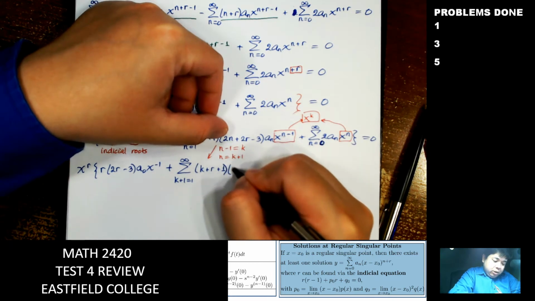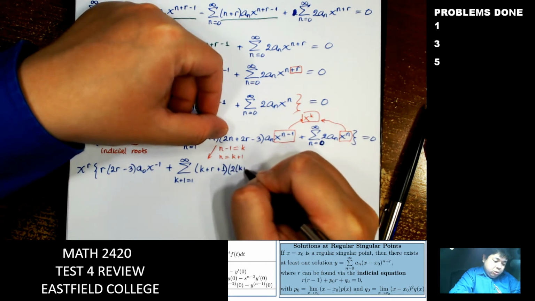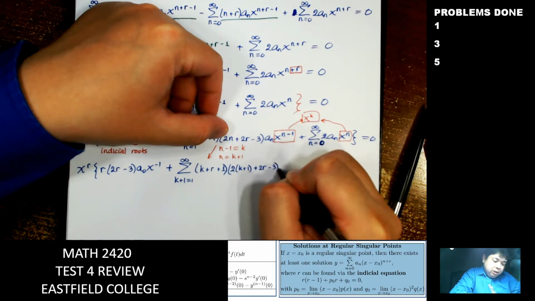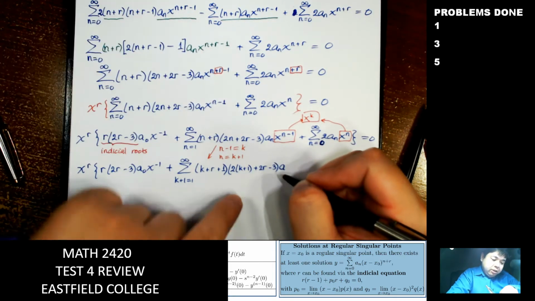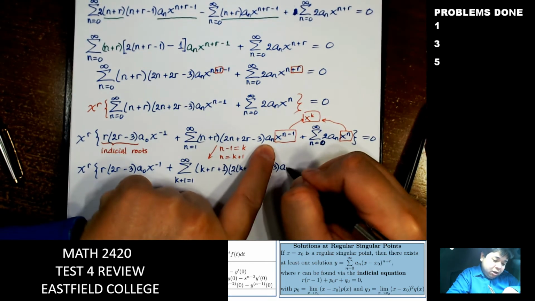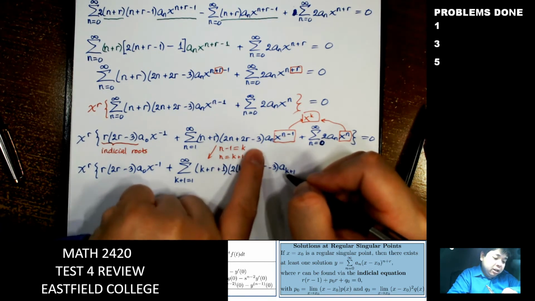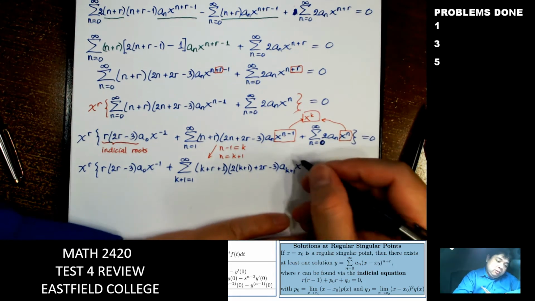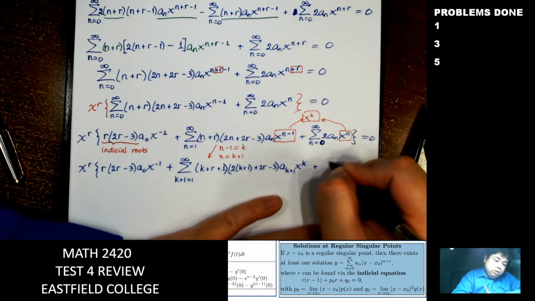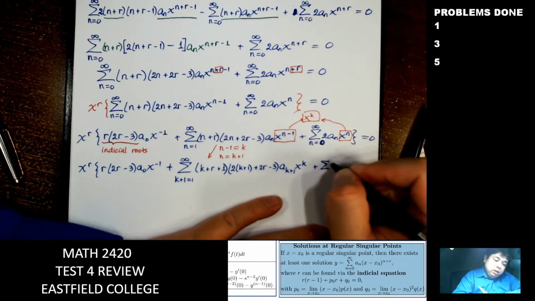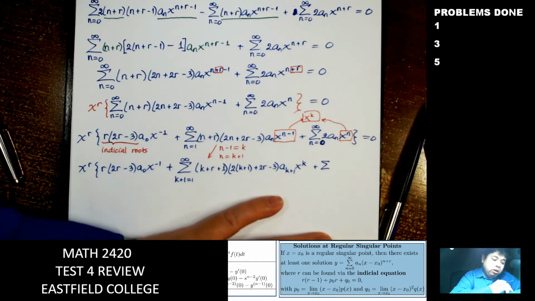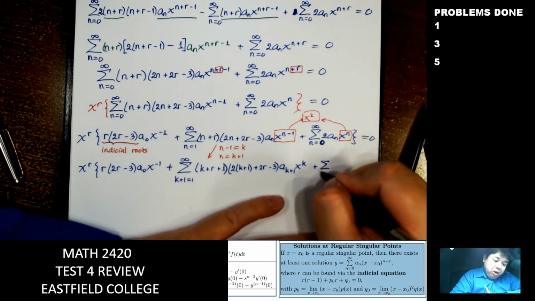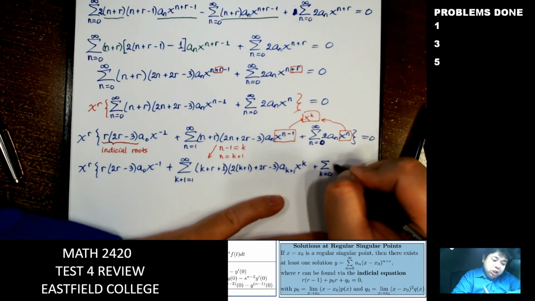Next will be 2 times k plus 1 plus 2r minus 3 a of k plus 1 for n, and x must be to the k. Next part is simple. We match n with k, so pretty much we replace n by k, so not much into this.